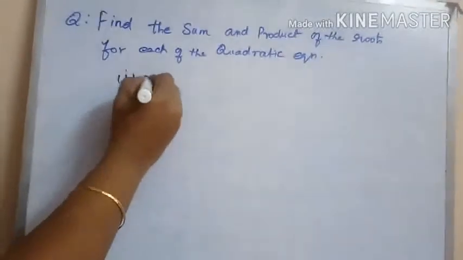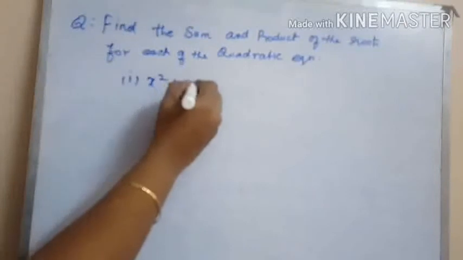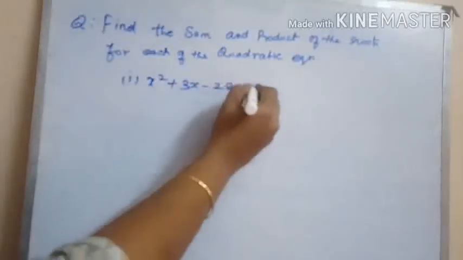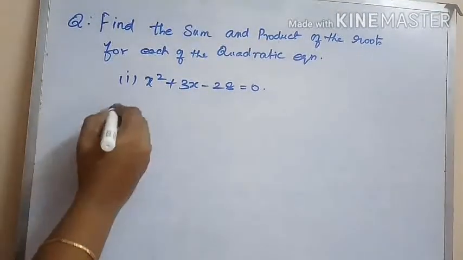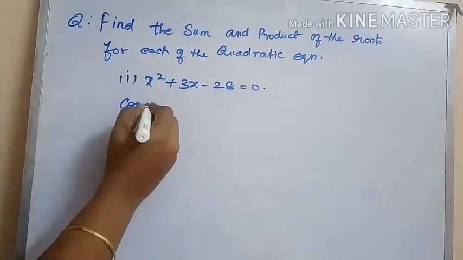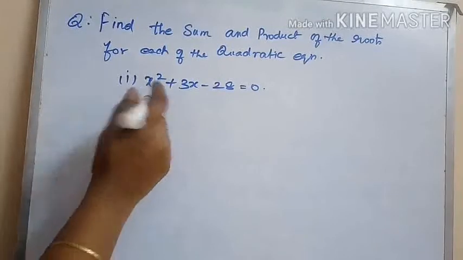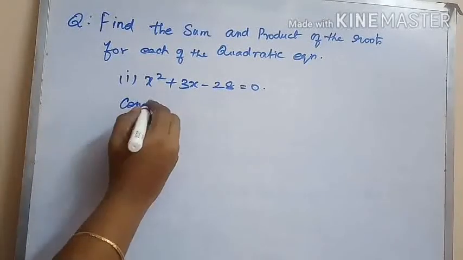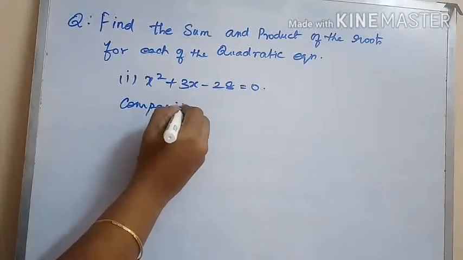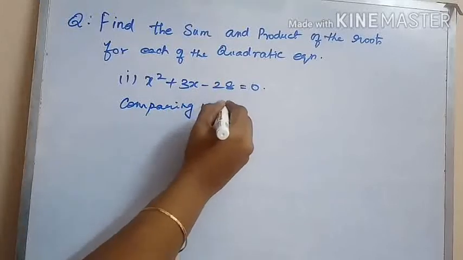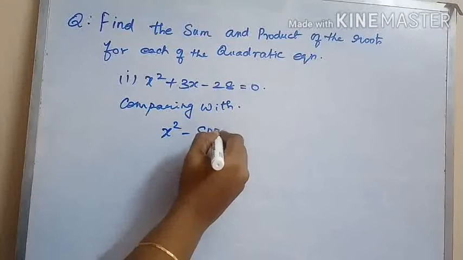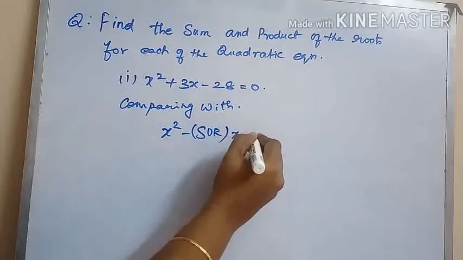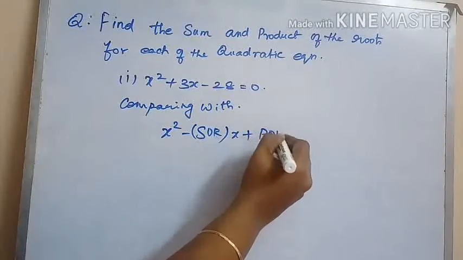The next problem we have here is find the sum and the product of the roots for each of the following quadratic equation. And the given quadratic equation here is x squared plus 3x minus 28 is equal to 0. Comparing with x squared minus sum of the roots into x plus product of the roots is equal to 0.